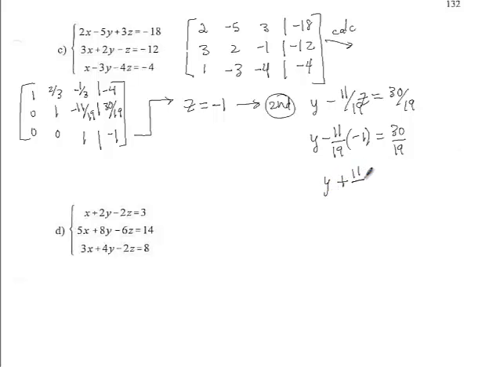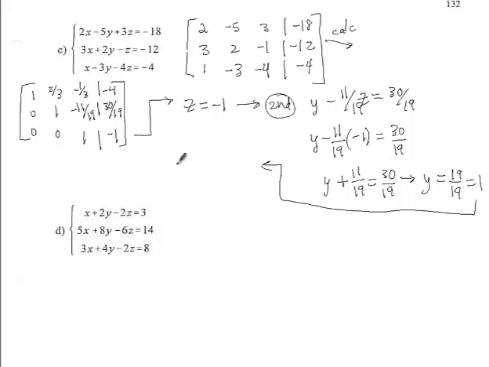But this is a plus 11 over 19, and so we have to subtract that from both sides to get our y by itself, which is going to give us a y, 30 minus 11, 19 over 19. So y is 1.